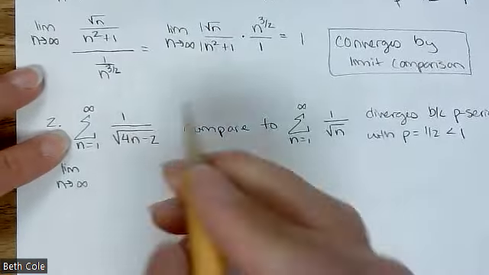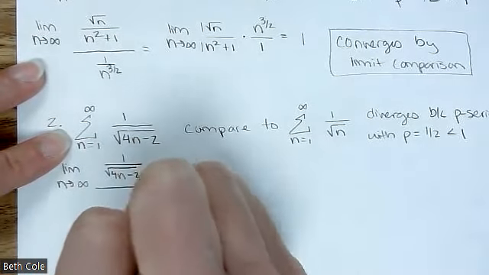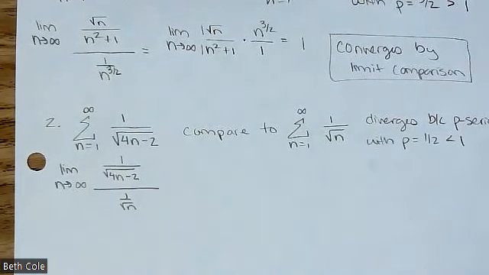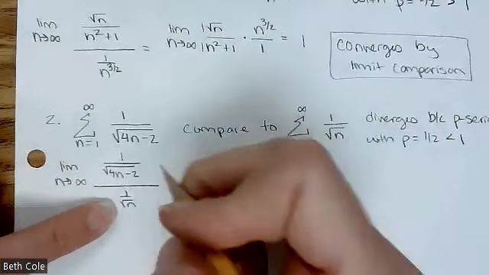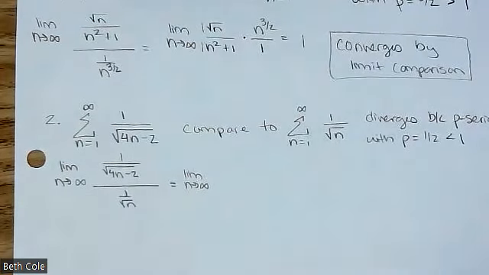It's going to be this one, 1 over square root of 4n minus 2, over the one we compared it to. Again, I realize that looks awful. But what are we going to do with the denominator? Yeah, multiply by the reciprocal. So we're going to end up flipping it over.